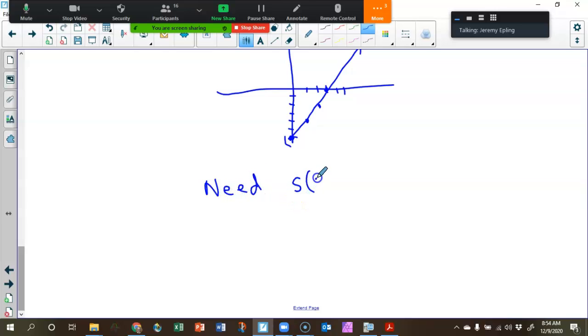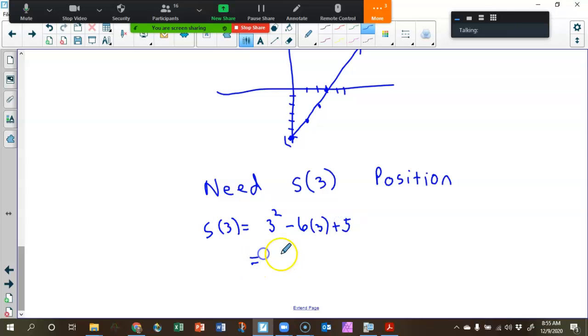I need to know where on the number line did I stop. I know I moved to the left for 3 seconds, but I don't know where I was. So I'm just going to plug in 3 to t squared minus 6t plus 5. We have 9 minus 18, negative 9, plus 5, or negative 4.